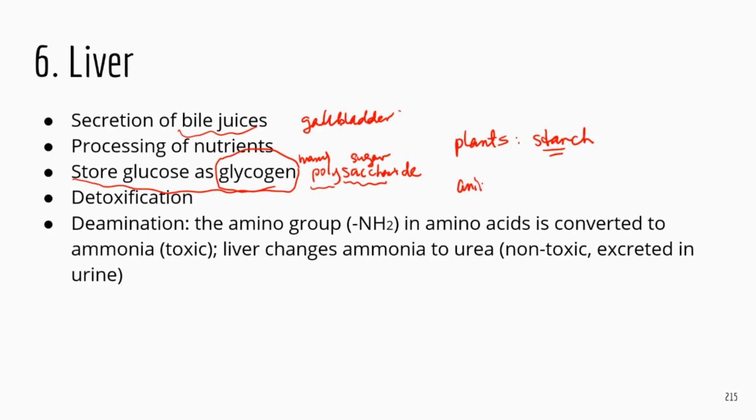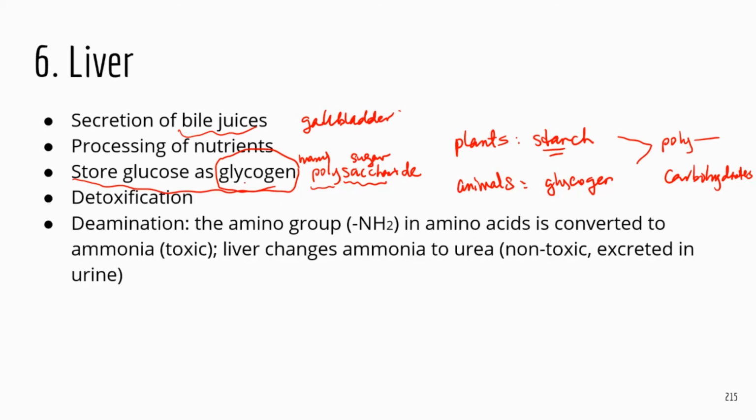So for animals, we don't make starch. Instead, we store glucose in another complex carbohydrate called glycogen. So both of these are polysaccharide complex carbohydrates. They are just different forms of storage for glucose by plants and animals.